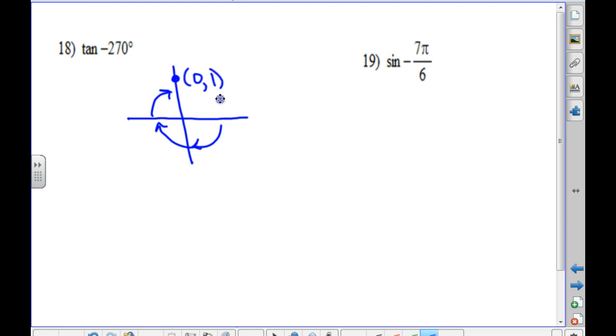The definition of tangent. Anybody know the definition I'm looking for? Tangent is y over x. Okay? So if you put 1 over 0, what do we get? Okay, so the tangent of negative 270 is undefined.